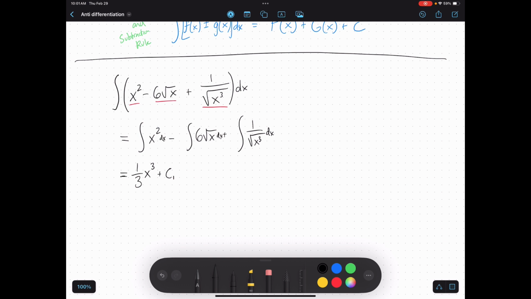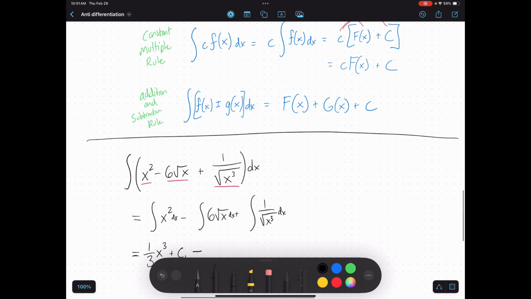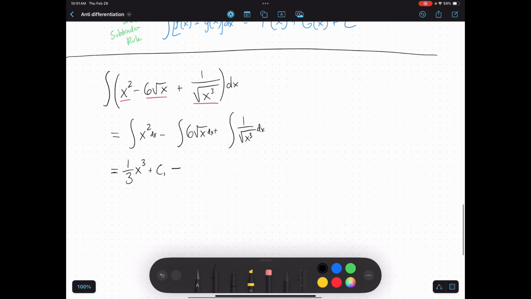Well, this next one, remember, based off my constant multiple rule, that 6 isn't going to affect my antiderivative, which means I can pull it out in front of my antiderivative symbol. But then I don't have a rule per se for square roots, so in order for me to deal with this, I need to get this in terms of a power function. I need to rewrite this as x to the 1/2.